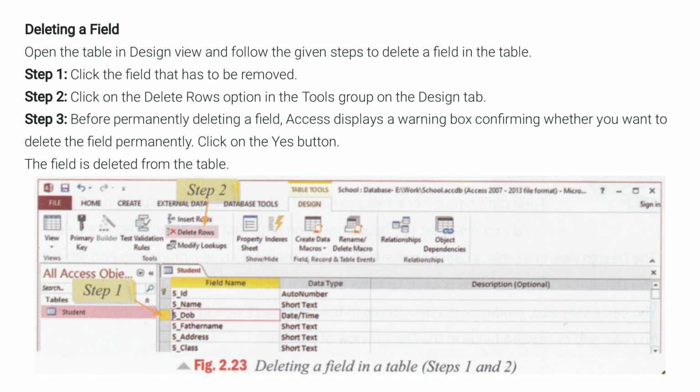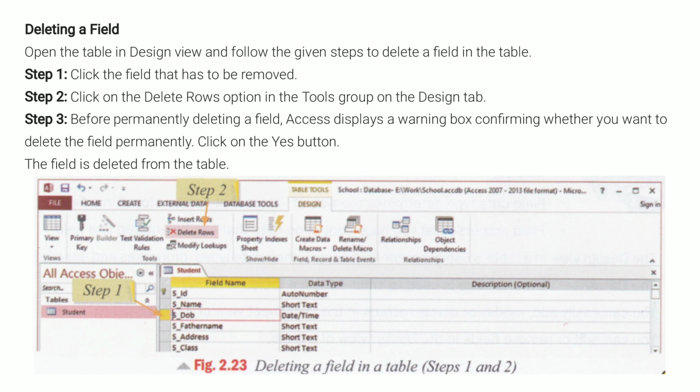After choosing the field name, suppose you can see on the screen SDOB has been selected, go to the delete rows option that is present in the tools group of the design tab, indicated by step 2 in the figure. As we click on the delete rows button, the selected field named SDOB will be deleted.